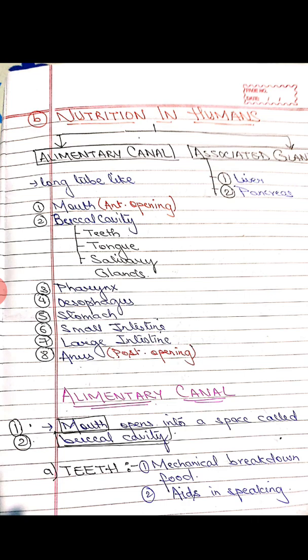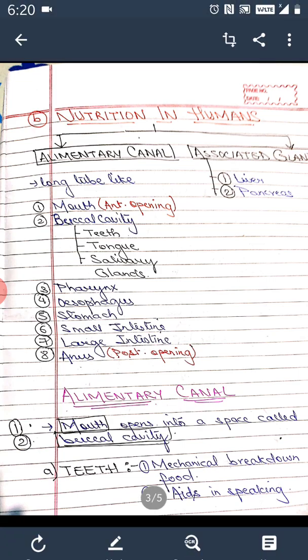The second important function of teeth, apart from digestion, is that they aid in speaking. You might have noticed that in aged people who have lost their teeth due to old age, their vowels, alphabets, or speech is not very clear to us.